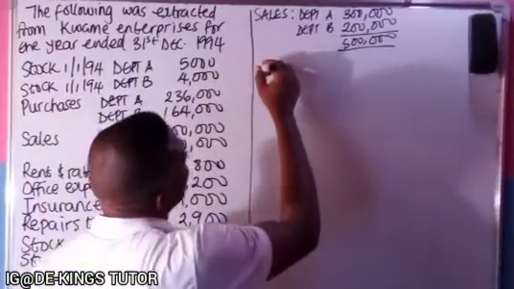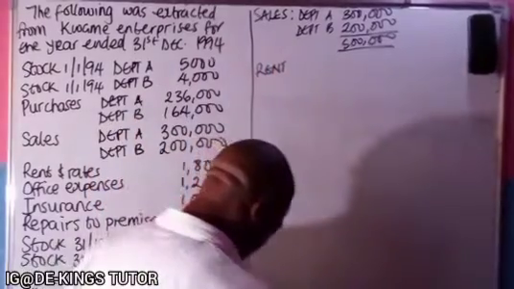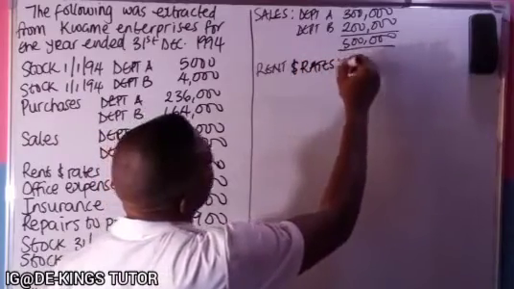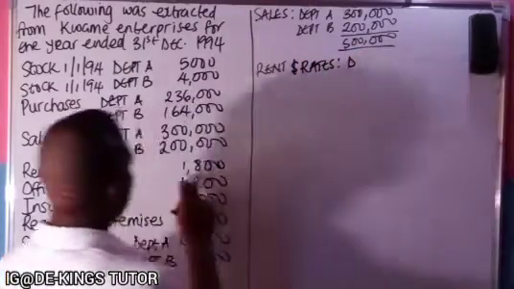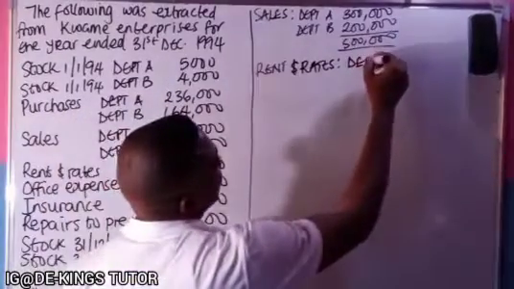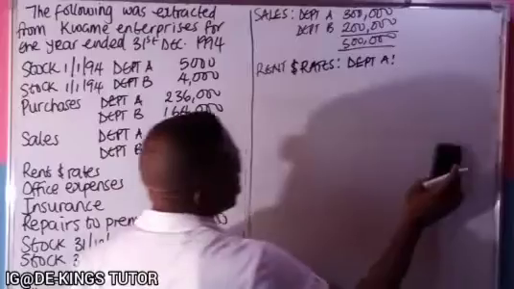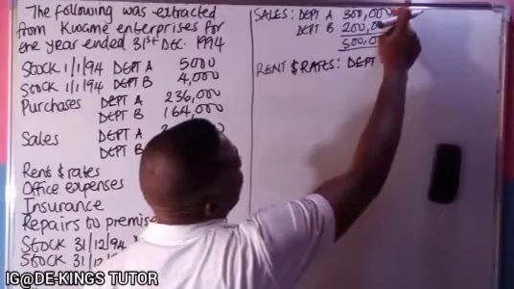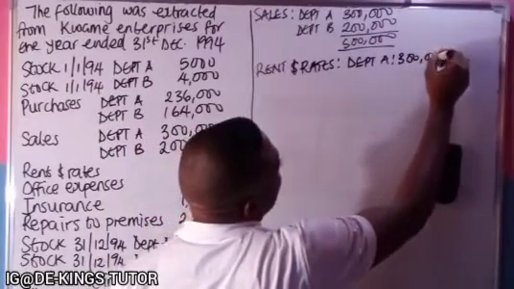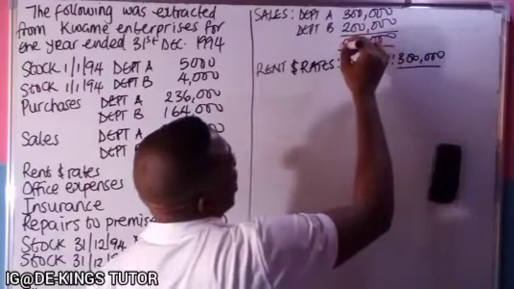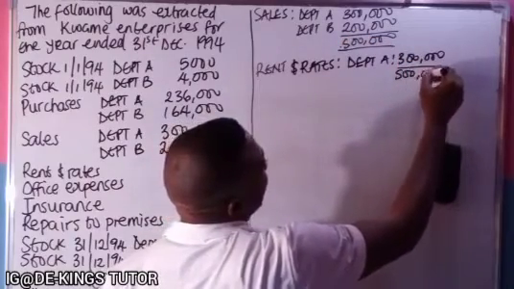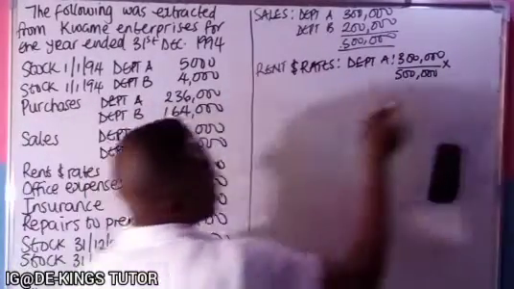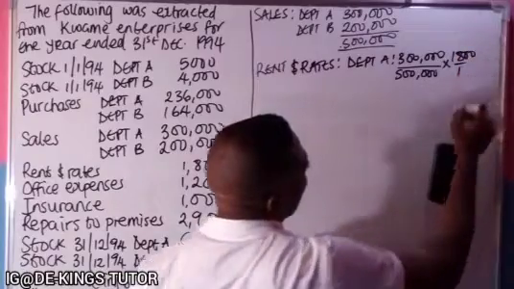So we'll say rent and rates. Remember, the total is 1,800, so we're going to divide for Department A. Since they said in terms of sales, Department A will be 300,000 sales divided by the total for the two departments, 500,000, times the amount for rent and rates, 1,800 over 1.